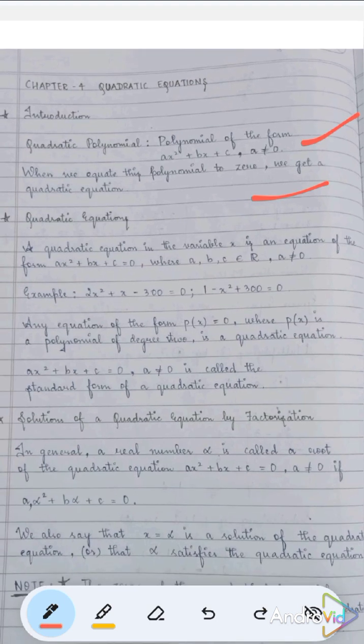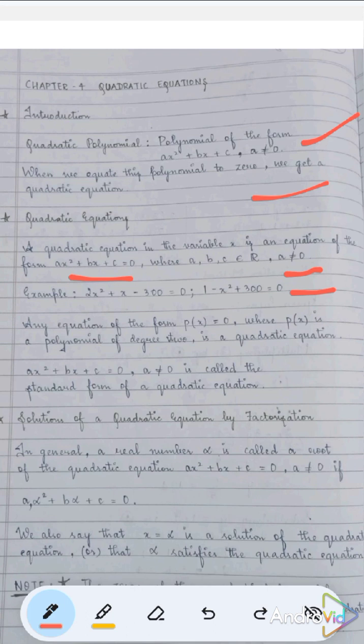Next, how do we define quadratic equations? A quadratic equation in the variable x is an equation of the form ax square plus bx plus c equal to 0, where a, b, c are real numbers and a is not equal to 0. For example, 2x square plus x minus 300 equal to 0, or 1 minus x square plus 300 equal to 0, both are examples of quadratic equations.